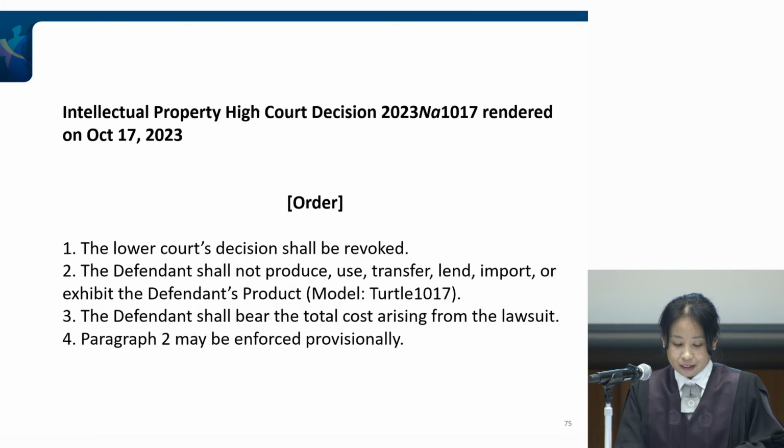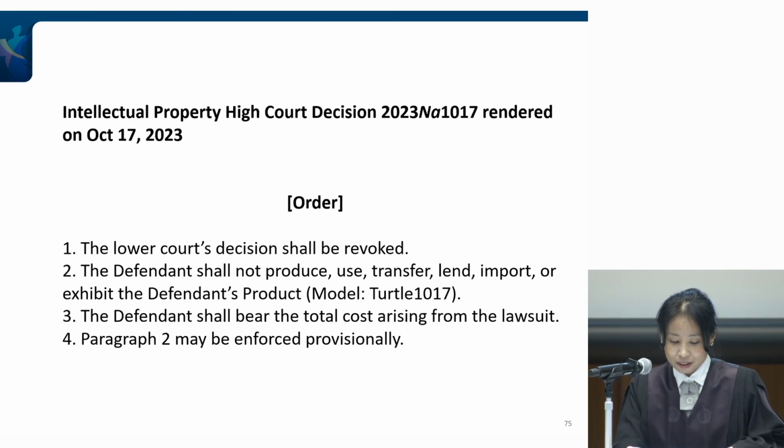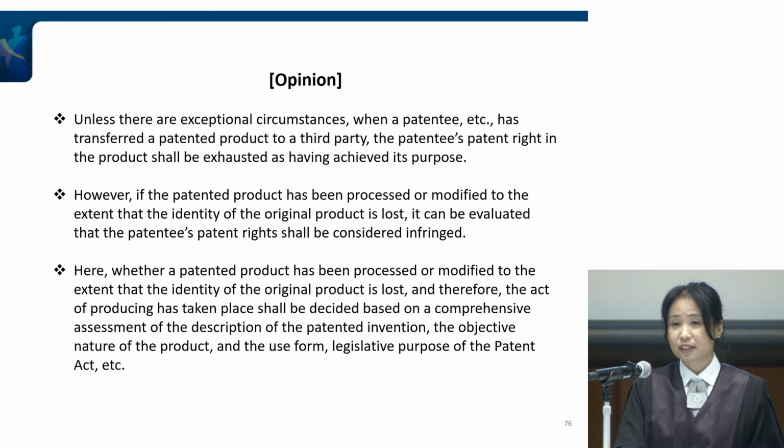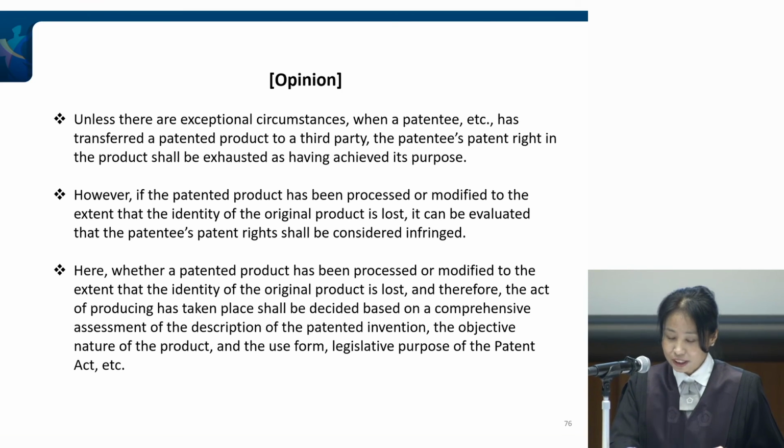Second, the defendant shall not produce, use, transfer, lend, import, or exhibit the defendant's product, model total 1017. Third, the defendant shall bear the total cost arising from the lawsuit. Fourth, paragraph 2 may be enforced provisionally. The reasons for the decision are as follows.